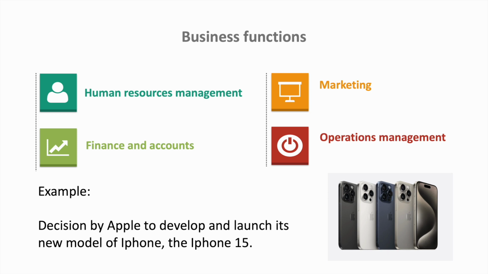I would like you to think how the decision by Apple to develop and launch its new model of iPhone, the iPhone 15, is going to influence or be influenced by one of these business functions. So in the decision to launch the iPhone 15, what is going to be the role of human resources management? How are they going to contribute to the launch of iPhone 15?